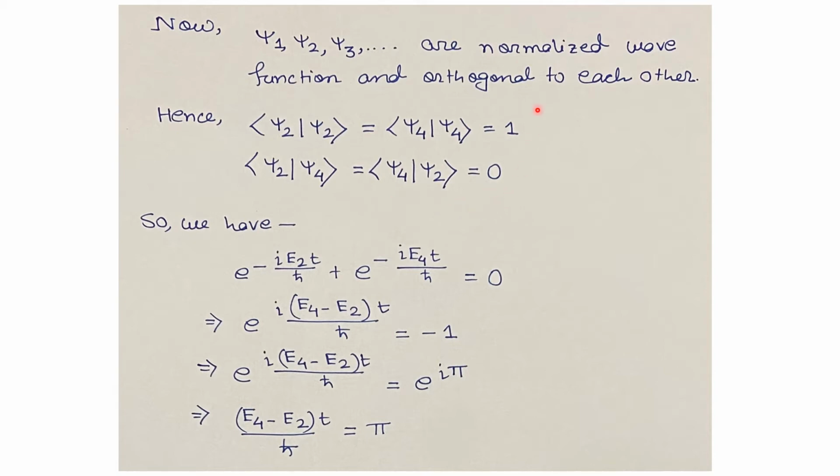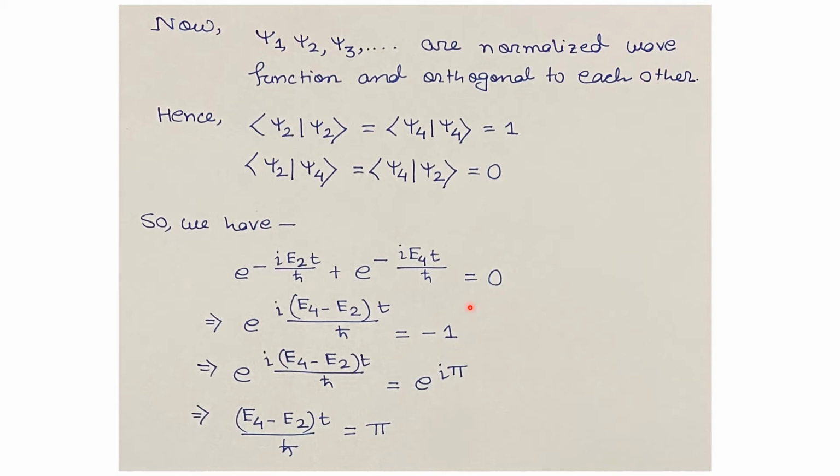So because of this, if we remember the last equation, only two terms will survive, which contain the inner product between psi2 and psi2 and the inner product between psi4 and psi4, and the rest of the terms will be 0. That will give e to the power minus i E2 t by h cut plus e to the power minus i E4 t by h cut equals 0.